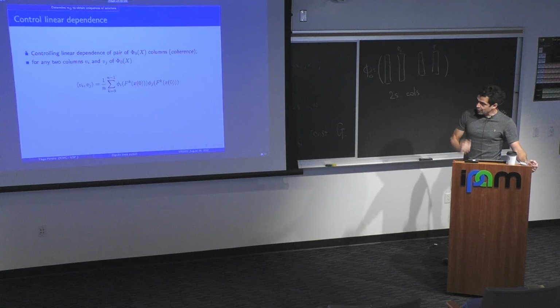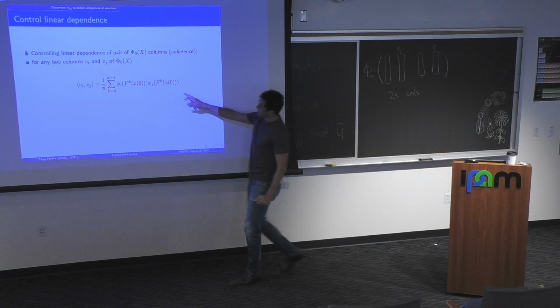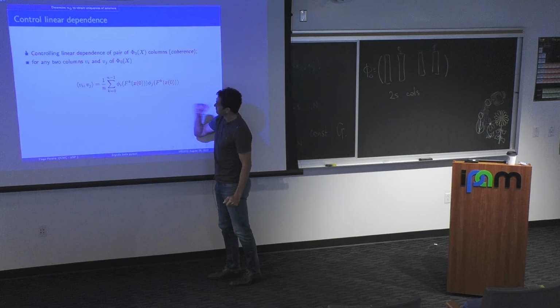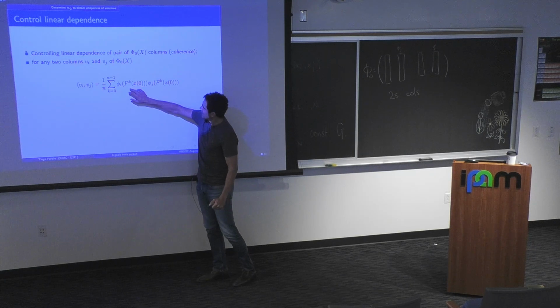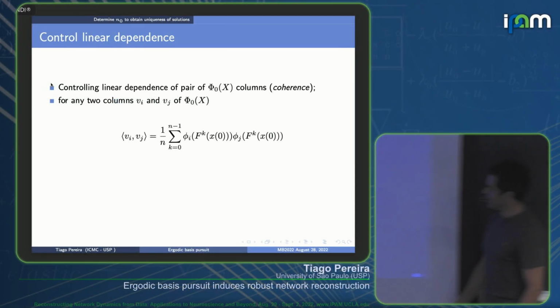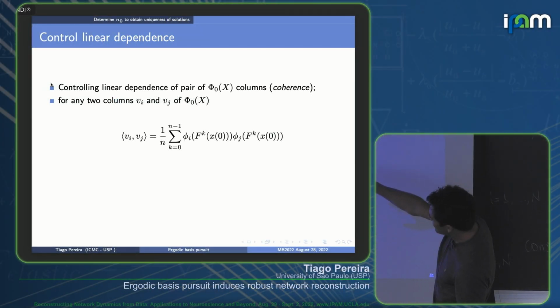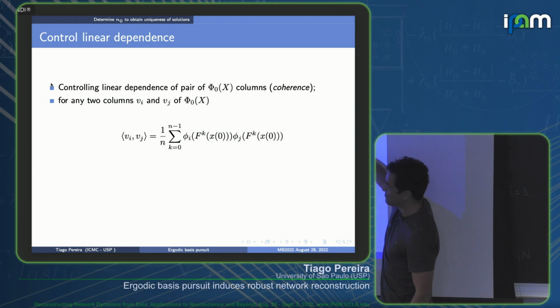Just by construction, the inner product will be this product here. Basically, here are your initial points, here is this point at time k, because this is the evolution of the network, and then you sum over k. If you do the calculation, this is what you get. So this comes for free. If you're a dynamicist, this looks very familiar to you. This is some kind of Birkhoff average.